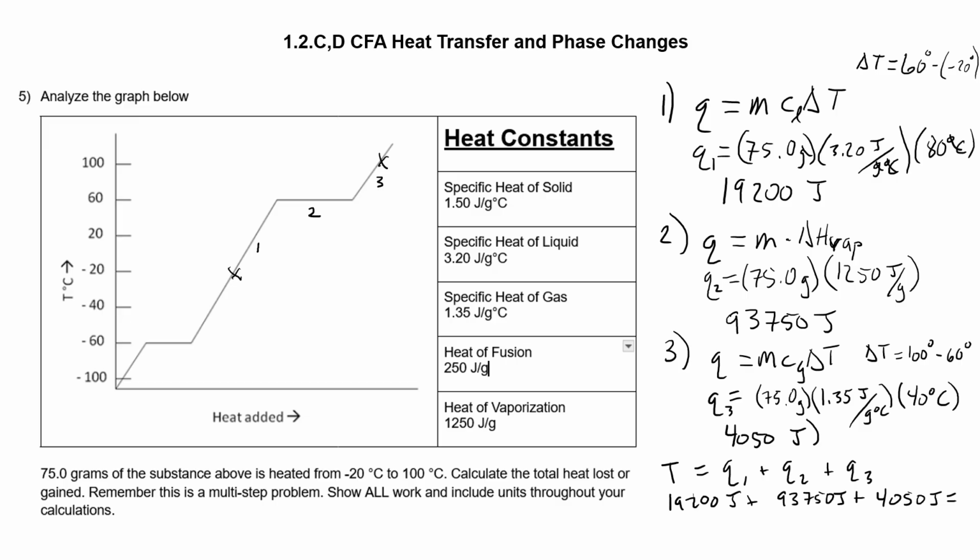When we add all those together, I get a total of 117,000 joules. So this is our total: Q total equals 117,000 joules.